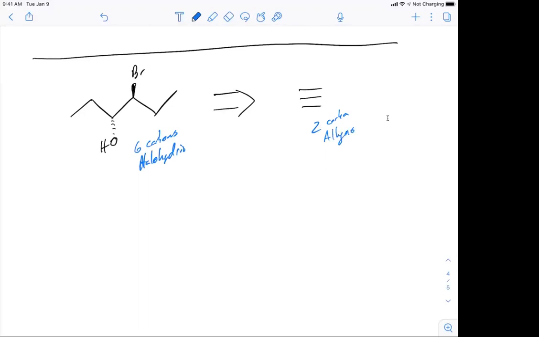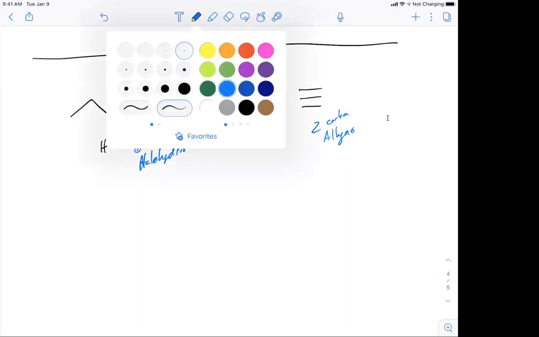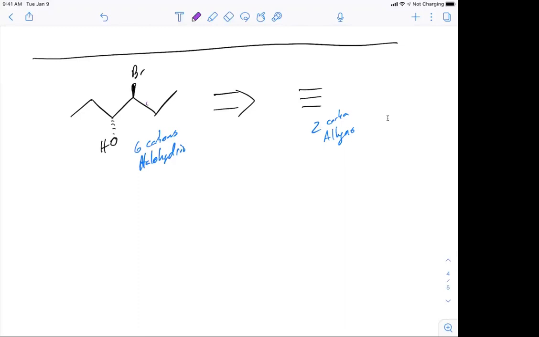And if we look at that change here, we can see that with our two functionalities right here in the middle, that we're probably going to be breaking right there. So our strategy here is probably going to be to build this up.